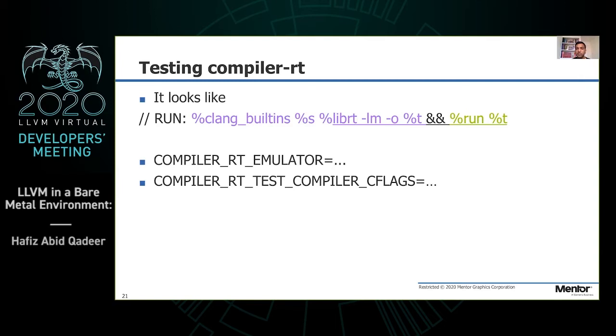For example, the %run thing can be substituted with the emulator that you can provide with the COMPILER_RT_EMULATOR CMake variable. Similarly, if you need to provide certain compiler or link flags, you can provide them using the CMake variable COMPILER_RT_TEST_COMPILER_CFLAGS. And if you provide the right information with these two variables, then you should be able to build a compiler RT test case.